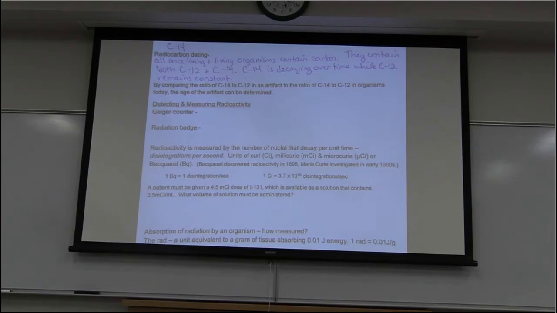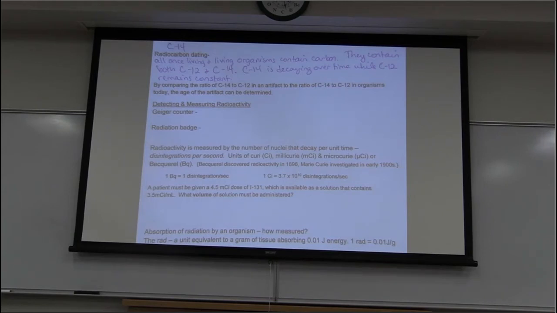Now let's think about that statement for just a minute. Carbon-14 is what? Stable or unstable? Unstable. It's a radioactive isotope of carbon. We have carbon-14 in us, along with carbon-12.